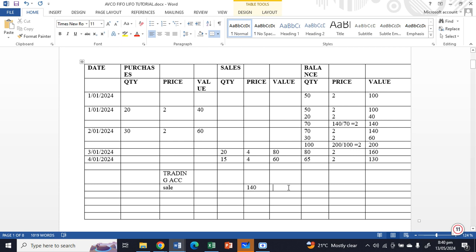All right. Then after you get your sales, the next thing you need to get is the cost of goods sold, COGS.